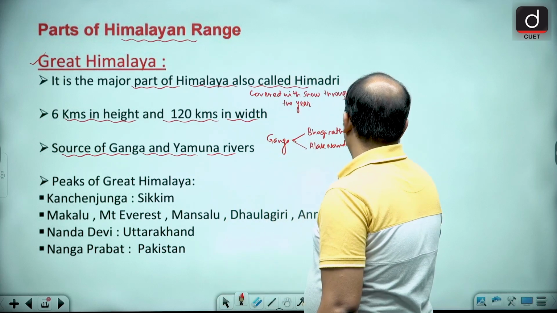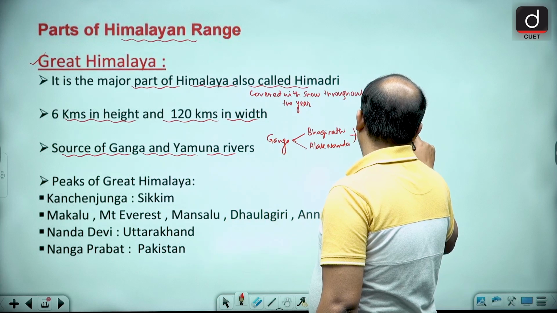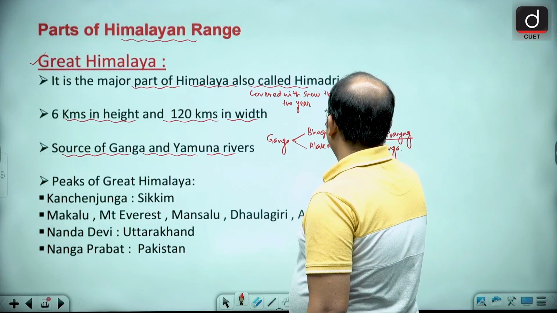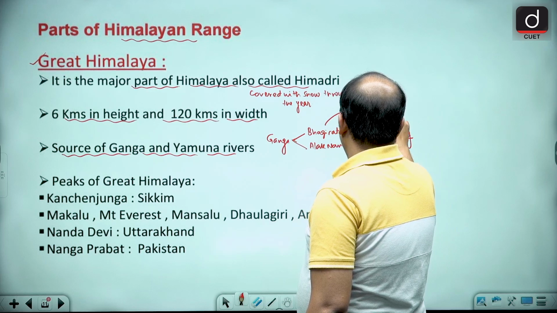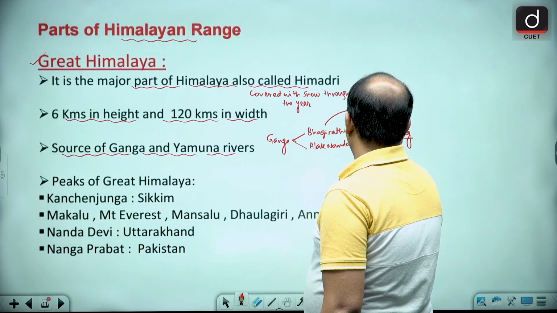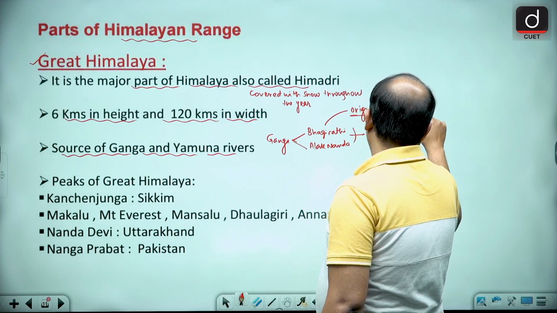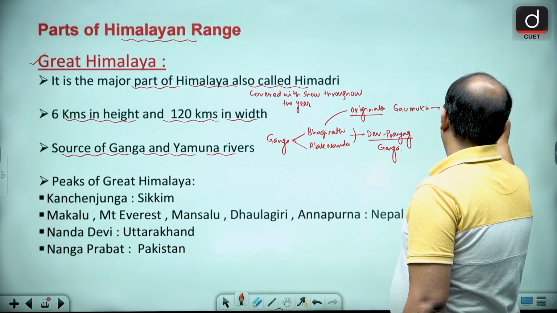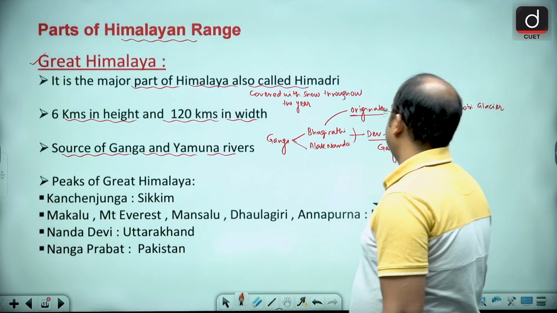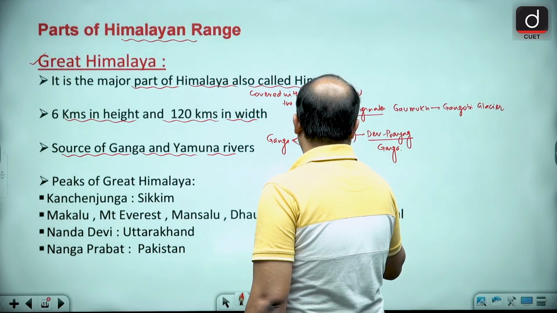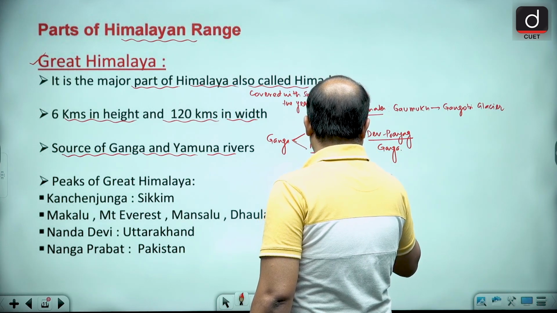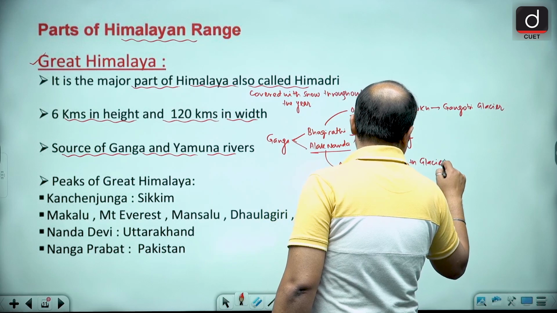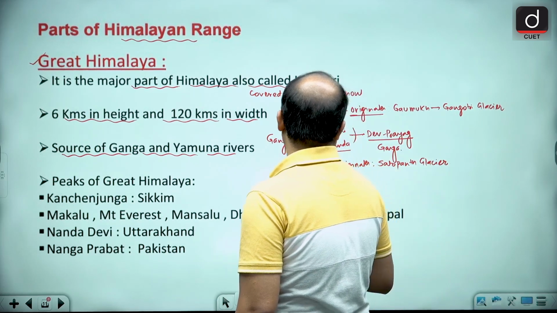They meet at Deoprayag and then it becomes Ganga. Bhagirathi originates from Gomukh in the Gangotri glacier, and Alaknanda originates from the Satopanth glacier.